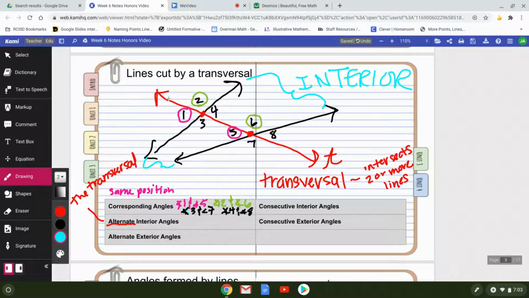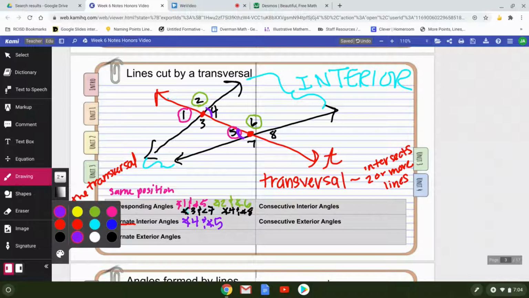If I come over here and look at my picture, angle 4 and angle 5. They're on opposite sides of the red transversal line, and they're in between the two black lines. So angle 4 and angle 5 are called alternate interior angles.